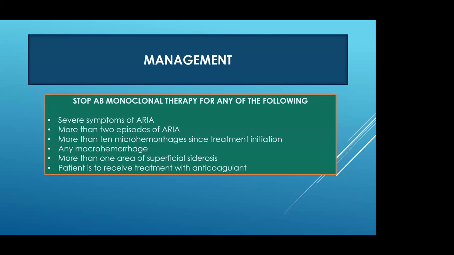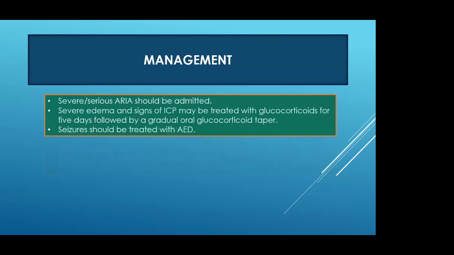Again, we don't necessarily count the first microhemorrhages seen before those patients received the treatment. Any macrohemorrhage, those patients should be stopped immediately. More than one area of superficial siderosis, and those patients who are currently receiving anticoagulant therapy.